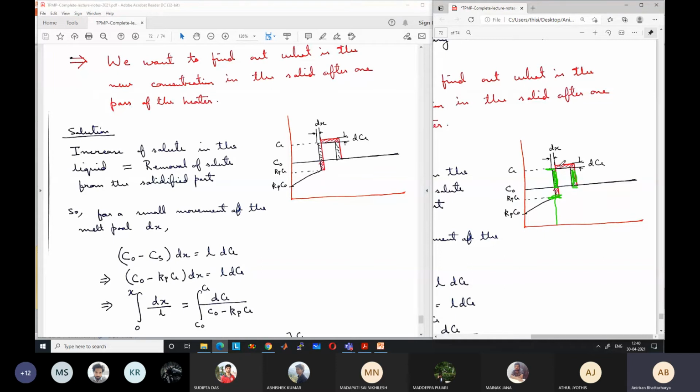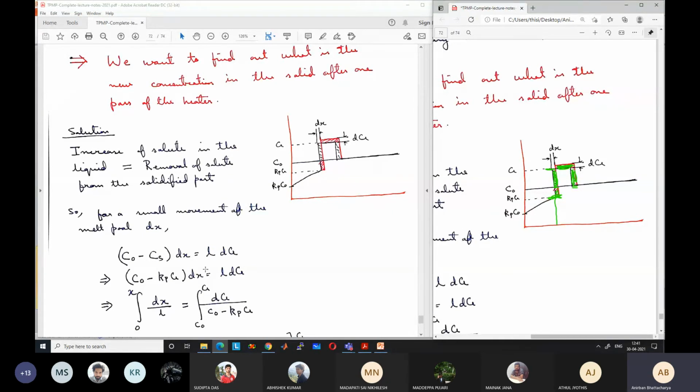In the liquid the concentration has increased by a very small amount dCl, and the length of the liquid is L. So L into dCl is the area, the increase in concentration in the liquid. This is equal to the extra concentration that was rejected from the solid, which is C0 minus KpCl into dx.